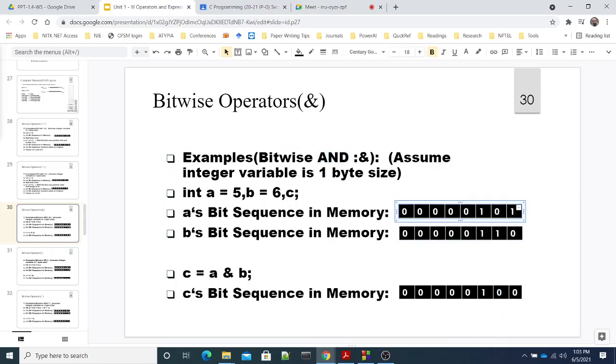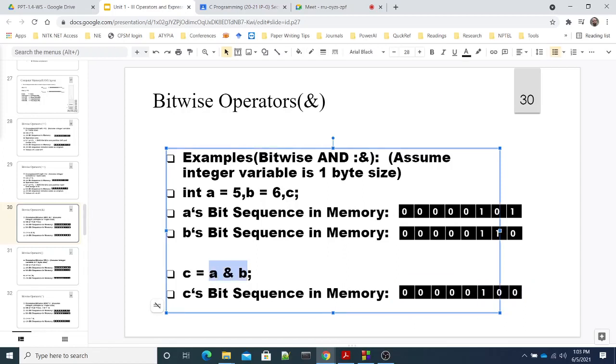So 1 and 0, I get 0. 0 and 1, the resultant bit is again 0. 1 and 1, that means true and true, I get true or 1. All others 0. So this is the resultant sequence of A bitwise AND B. Is it clear?